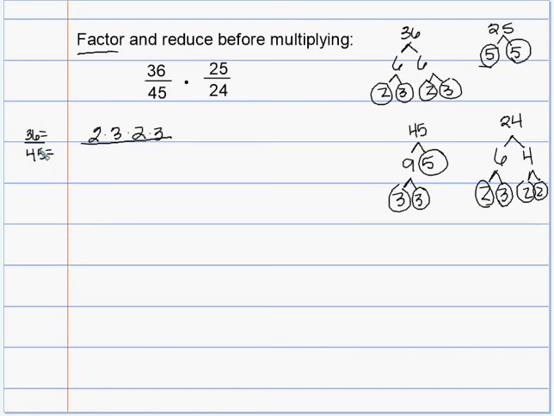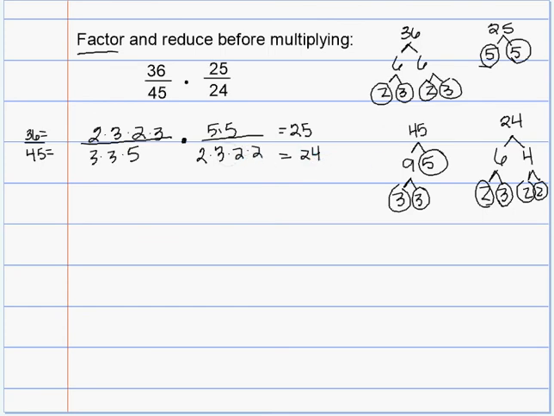And you don't have to put this here, but I want you to understand where these numbers are coming from. 45 is 3 times 3 times 5, and then this is still times 25, which is 5 times 5, and I'm going to put this over here. And then 24, our denominator in this fraction, was 2 times 3 times 2 times 2, and that was 24.